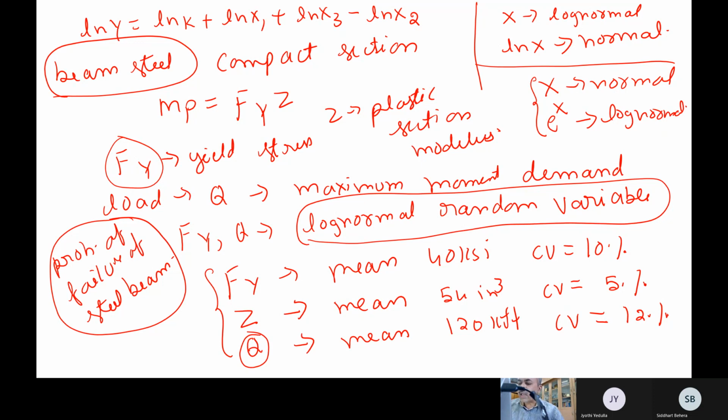These are given, and we want to find the probability of failure of the beam itself. The only difference between this problem and the previous problem is that here we are assuming all of them to be log normal random variables. Now what will be the performance function here? How do you write the performance function Y?